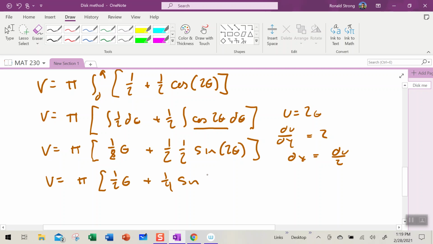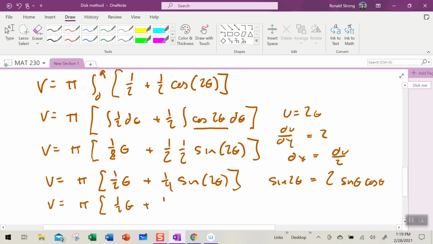We don't want a double angle. Sine of 2 theta, we would prefer to have sine of theta. So once again, we can use the trigonometric identity that the sine of 2 theta is 2 sine of theta cosine of theta. So substituting that in there, pi, and we have 1/2 theta plus 1/4 times 2 sine theta cosine theta.